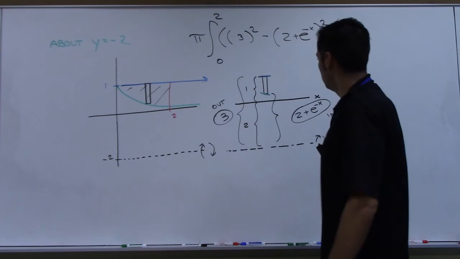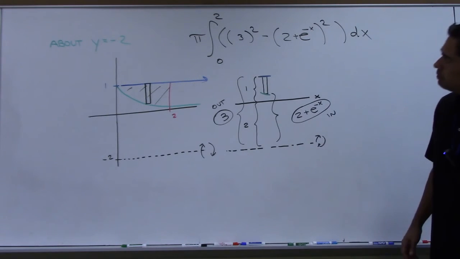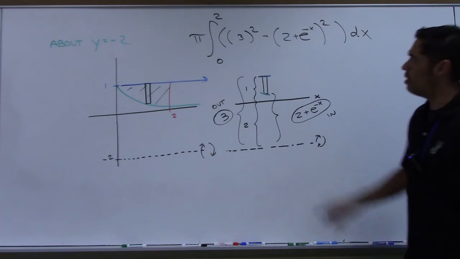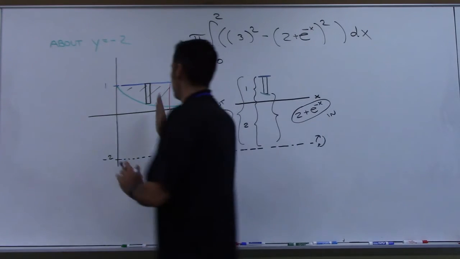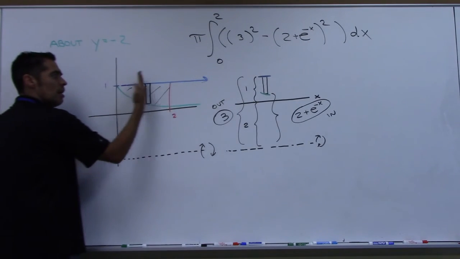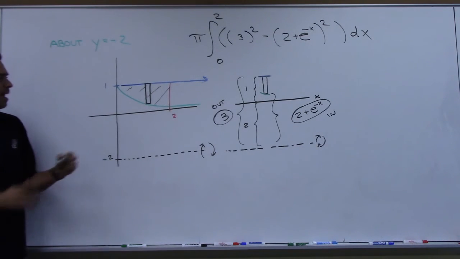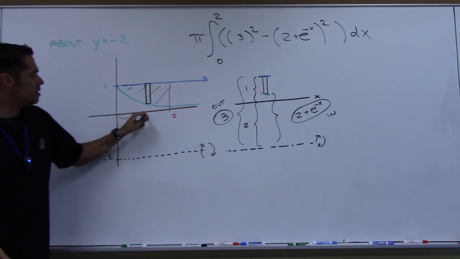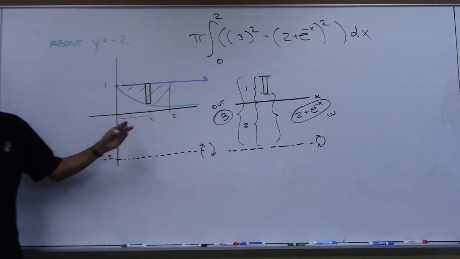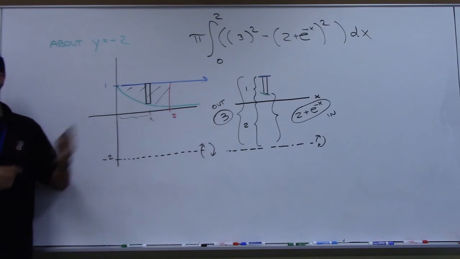Positive 2, not negative 2. Well, remember, the rectangle slides left and right as a function of x, and so the x is actually the distance from here to the rectangle, and that x has to vary between 0 and 2.